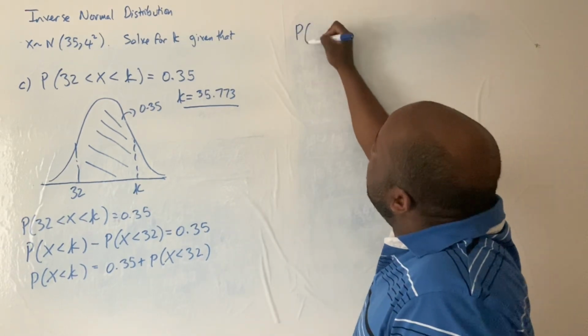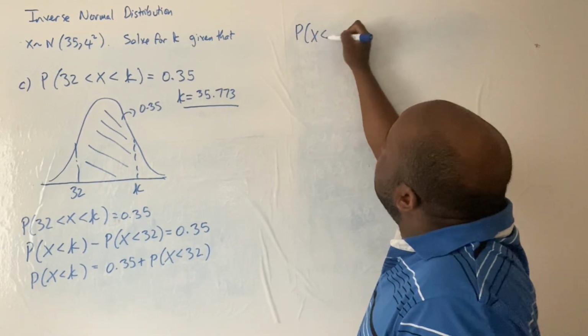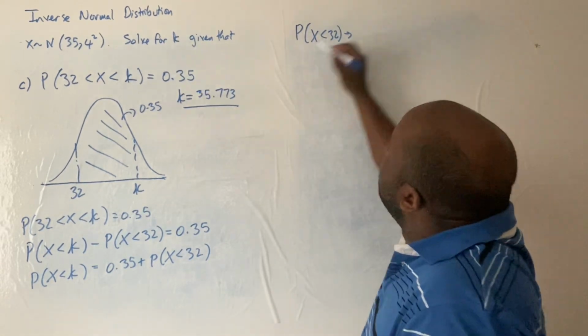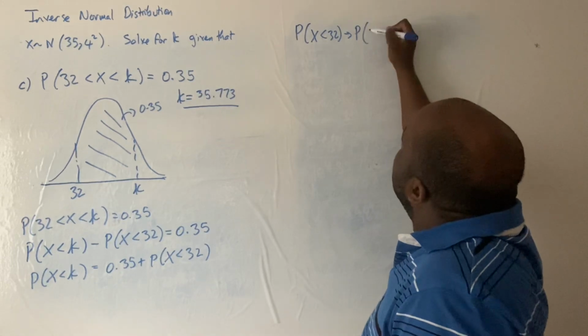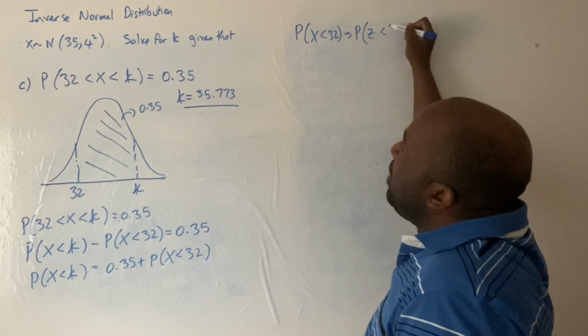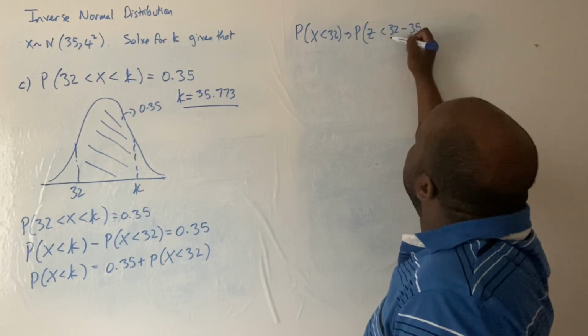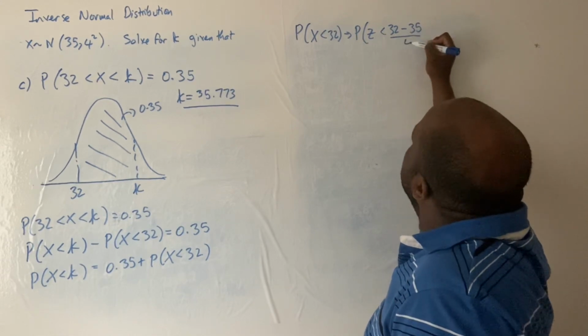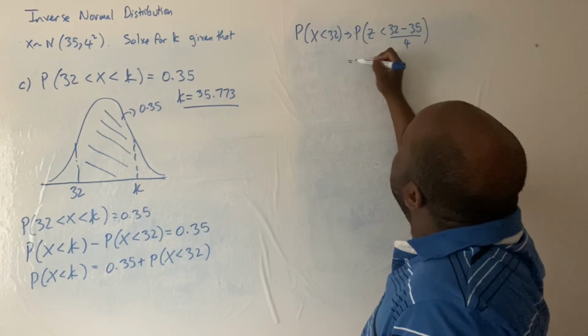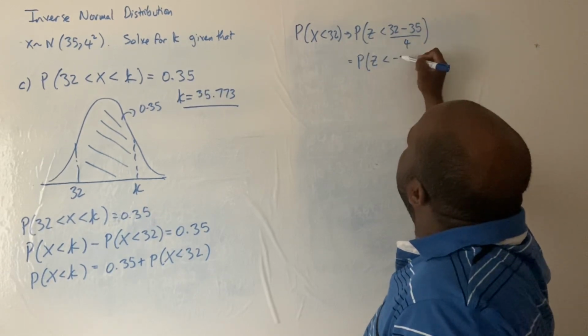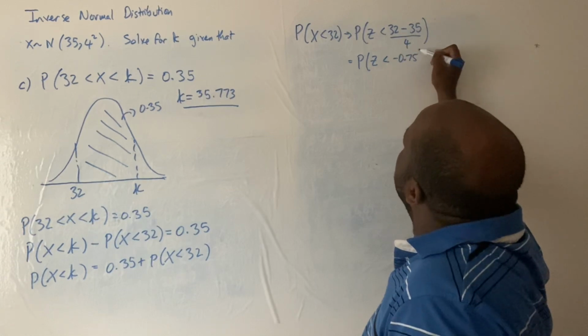So the probability that X is smaller than 32, we would convert to a Z score. It would be the probability that Z is smaller than 32, take away the mean, which is 35, divided by sigma, which is 4. This is equal to the probability that Z is less than negative 0.75.